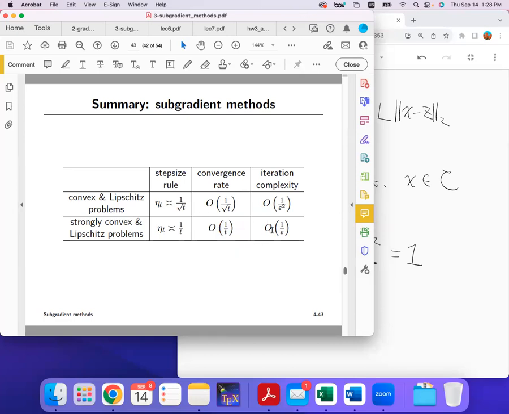For the iteration complexity, we can solve from here. Set this to be epsilon, so we require this many iterations to achieve epsilon accuracy: 1 over epsilon squared for convex problems, while we only need 1 over epsilon for strongly convex problems.